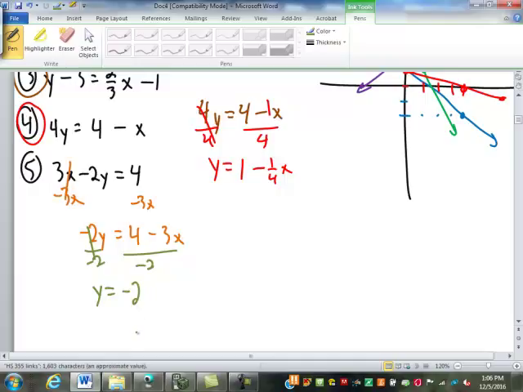Negative 3x divided by negative 2, though, is a positive 3 over 2x. Negative divided by negative is a positive. So that starts at negative 2, and from there it goes 3 over 2. Not so bad? Better than last time.